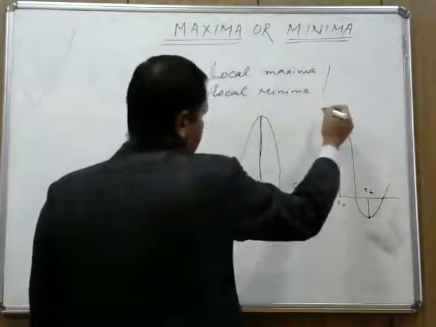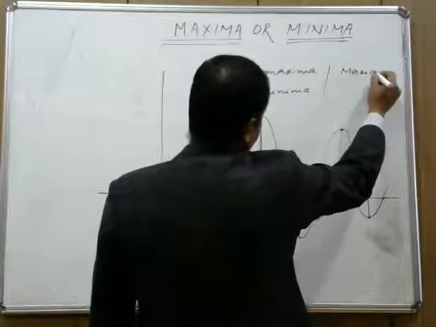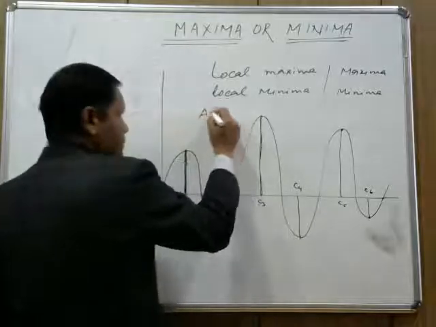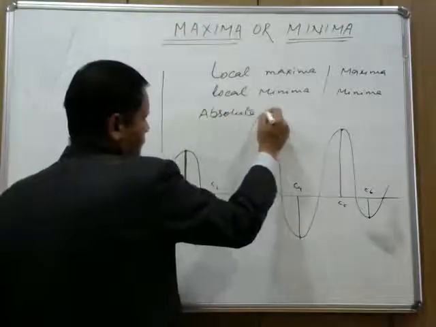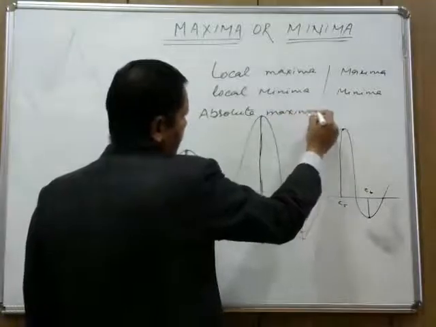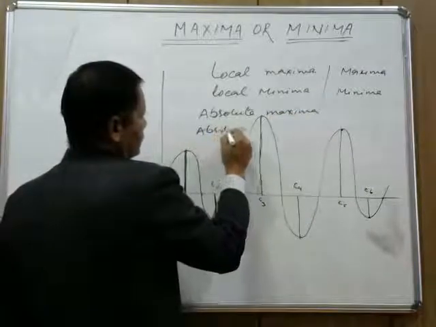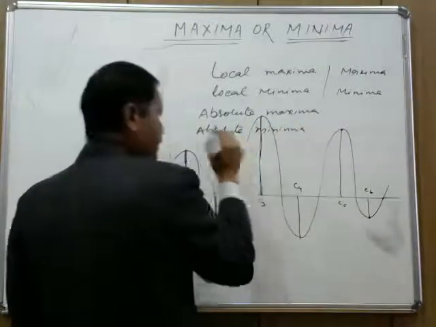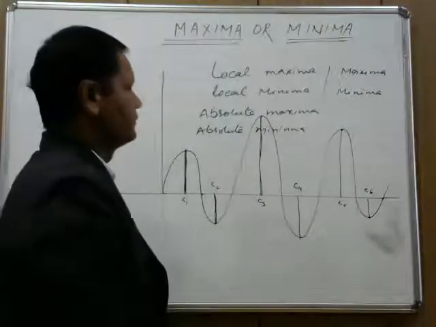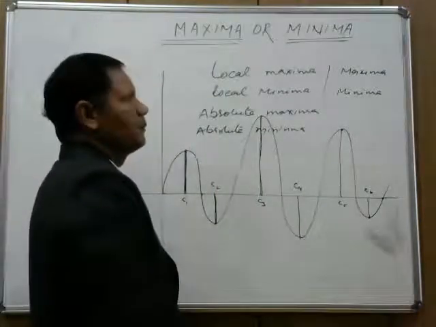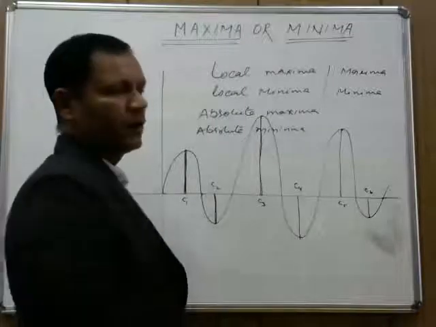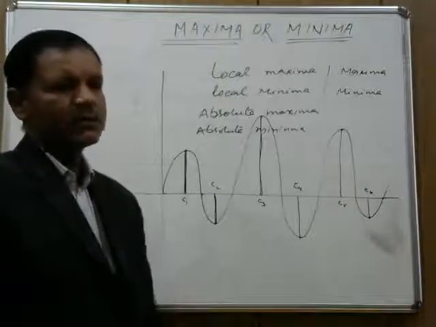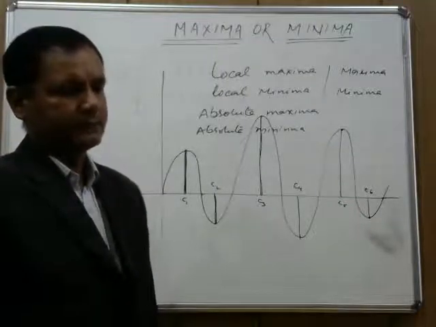Simply we will talk about the maxima and minima, and we will talk about absolute maxima and absolute minima also. That's why many points are there and we will be discussing one by one. As far as the local maxima and maxima is concerned, local minima or minima is concerned, almost it is the same. Right?